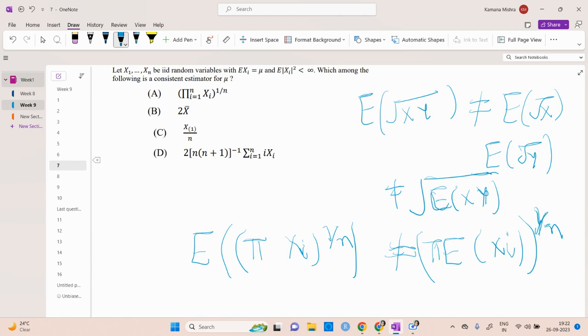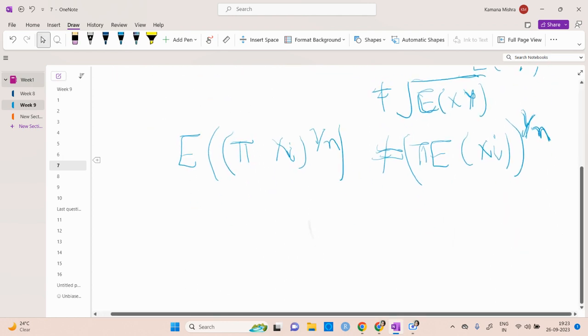If this case happens, it will be mu to the power n, to the power 1 upon n, so this will be mu. But this is not the general case because we know that expectation of X square is not equal to expectation of X whole square. In general, this does not happen. So we can see from here, the first one is unbiased.